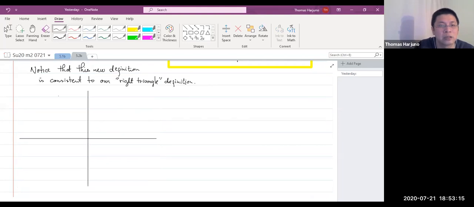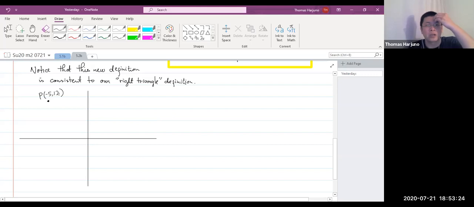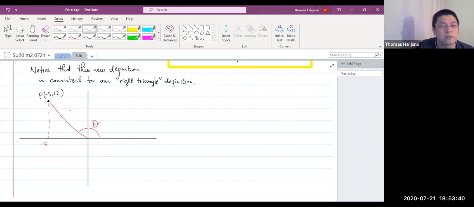Let's say my point here is -5, 12. Then the associated angle will be this one here. Let's say this is theta. If that's -5, the length here is 5, and the y is 12.